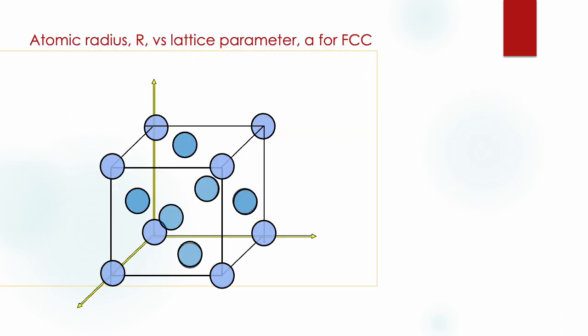So here's my unit cell, 8 corners, 6 faces, and I want to know what is the relationship between the atomic radius and the lattice parameter A. So for FCC, the atoms that are actually in contact are the ones along this face.